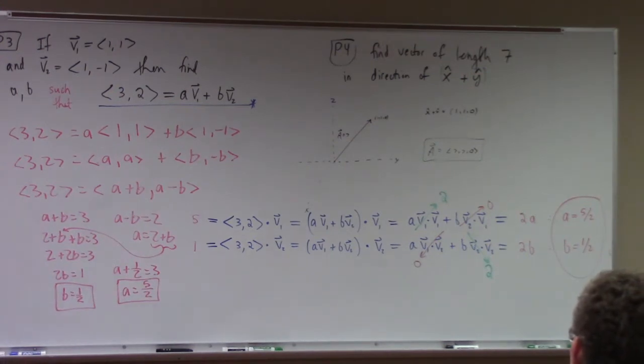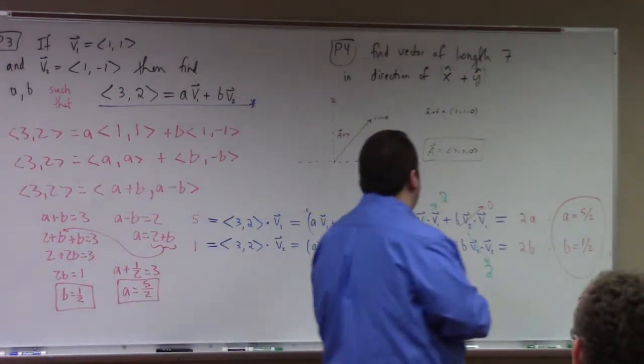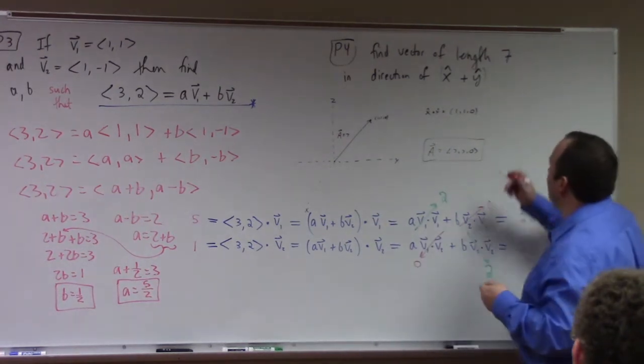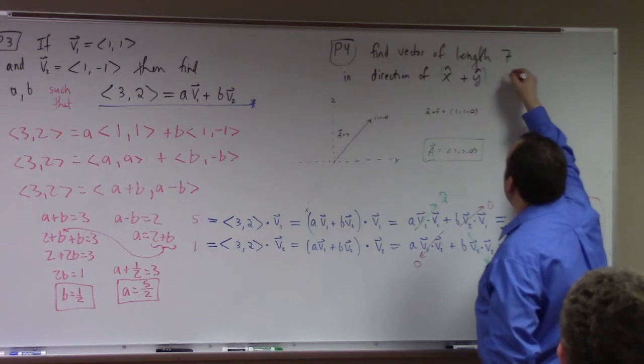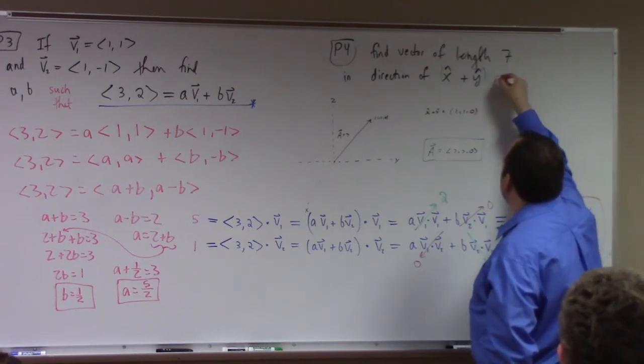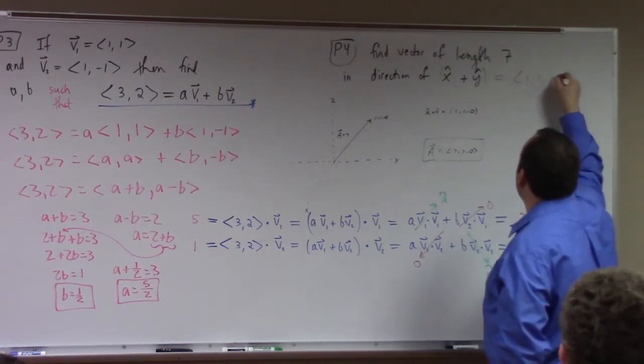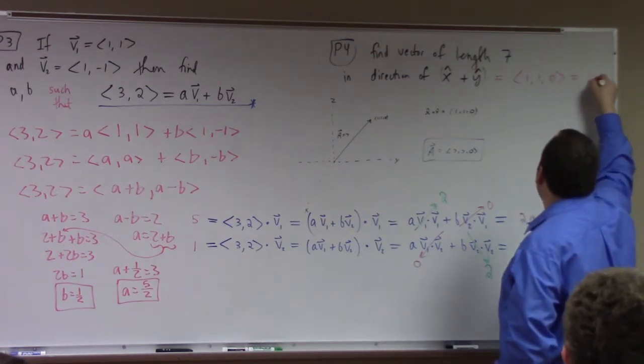All right, now problem 4. So, you win some, you lose some. And this is not quite right, because what we have to do is invent a letter. Well, first of all, this is 1,1,0. So let's call that vector a.